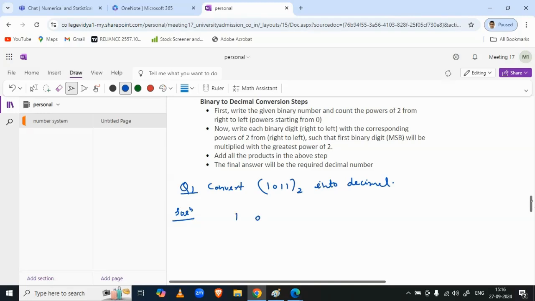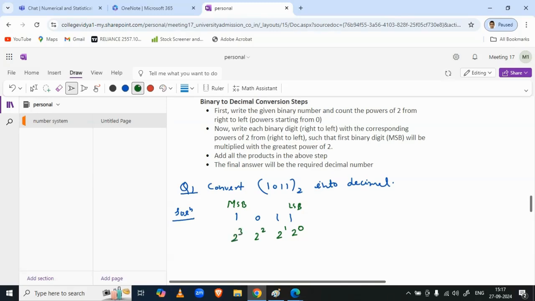First of all, we will write this number, and now each digit is multiplied with the power of 2. How? This digit is known as LSB, least significant bit, and the leftmost digit is known as MSB, most significant bit. So now we will write 2 to the power 0 from right to left. We have to move from right to left: 2 to the power 0, 2 to the power 1, 2 to the power 2, 2 to the power 3.